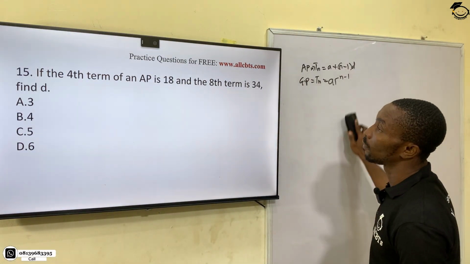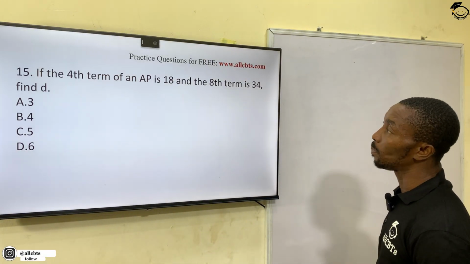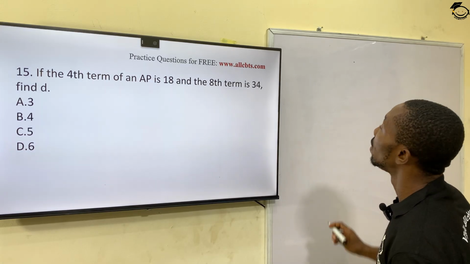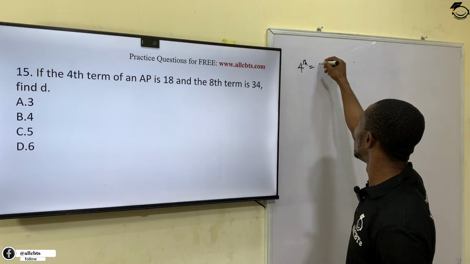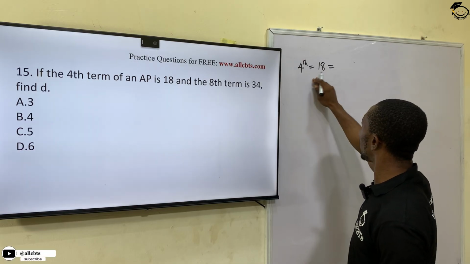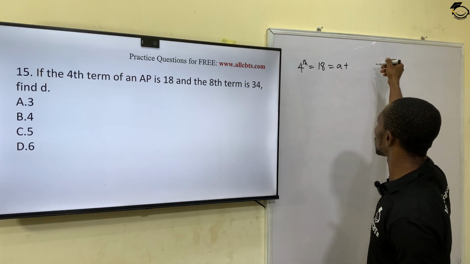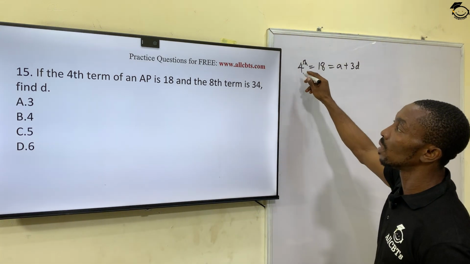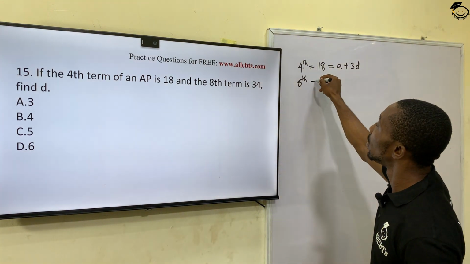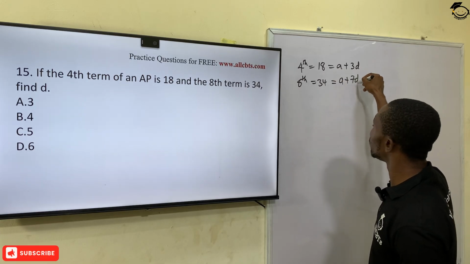Now, if the fourth term of an AP is 18, the formula for finding our fourth term is A plus (n minus 1)D. So 4 minus 1 will give us 3D. And the eighth term is 34, which is A plus 7D.